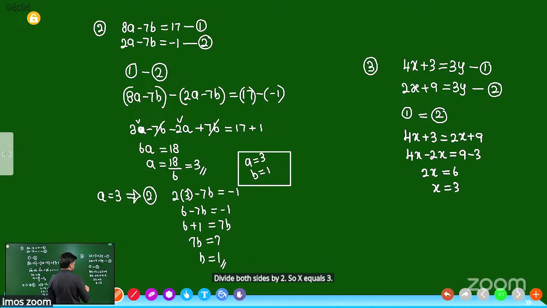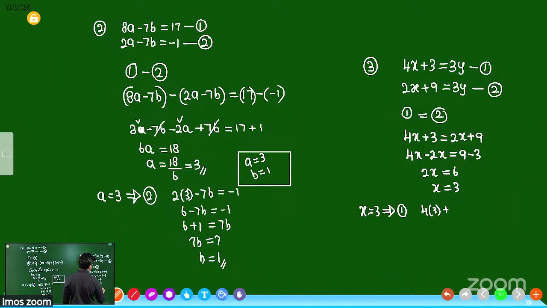Then I can substitute x equals 3 for any equation. That means 3y equals 15. So y equals 5, right? So x equals 3, y equals 5.